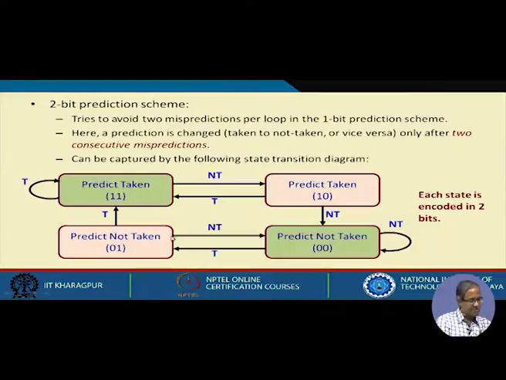So, if it is again a taken, that means 2 consecutive mispredictions, then you permanently move here, and if it is again a not taken, you again come back here. Since each state is encoded in 2 bits, we call it a 2-bit prediction scheme. Here your prediction is changing only after 2 consecutive mispredictions. So, in general this will give you better behavior as compared to the 1-bit prediction scheme.